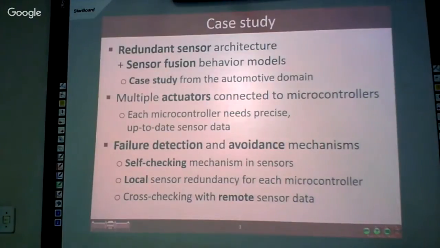remote sensor data. I do not know how familiar you are with avionics, but there were some plane accidents related to Boeing. Have you heard about that in Ethiopian Airlines and in Indonesia?